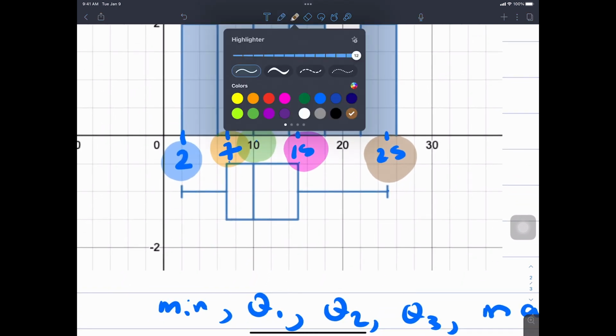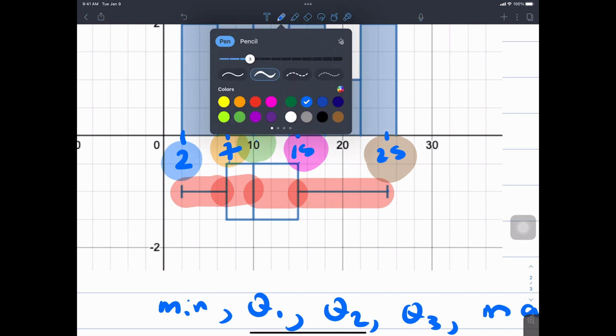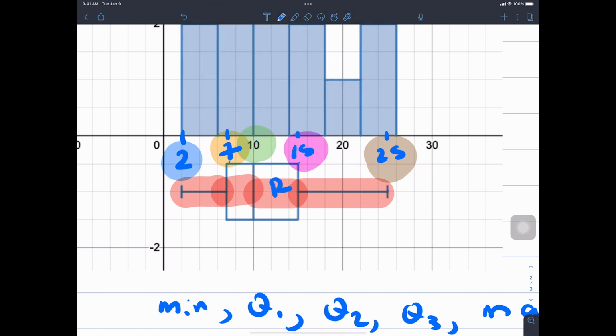I'm going to say this. Take a look, notice this: the right whisker is a lot bigger than the left whisker. And the distance from the second quartile to the third is a lot bigger than the left. So definitely it looks to me like these right lengths are bigger.